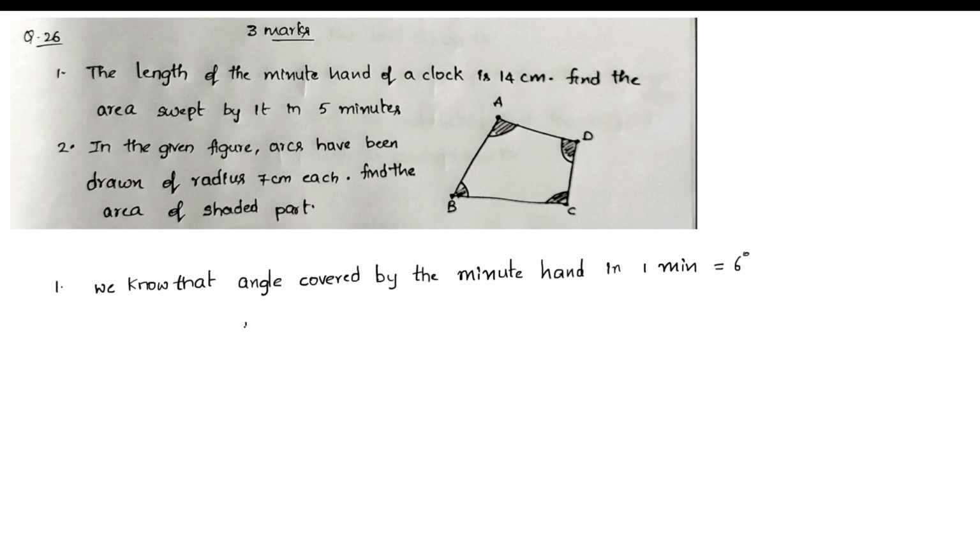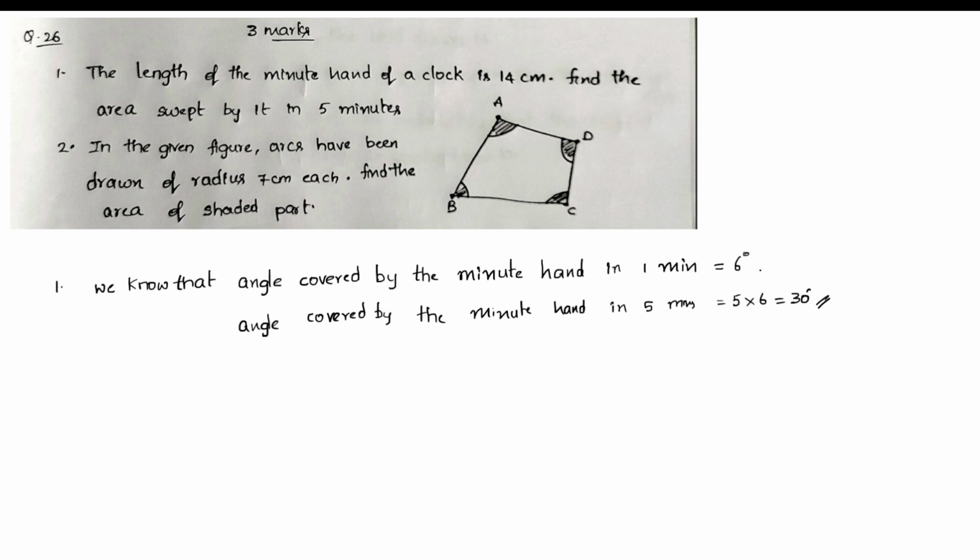So the angle covered by the minute hand in 5 minutes is 5 into 6, 30 degrees. So we got the angle.